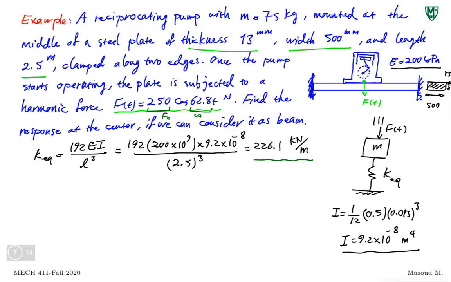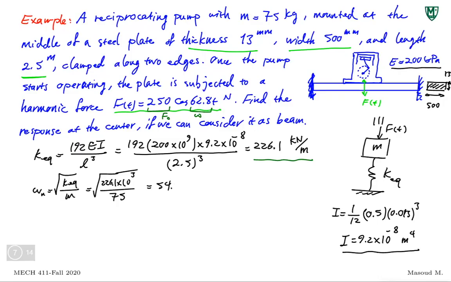So omega n would be the square root of equivalent stiffness over m. That'll give you 226.1 times 10 to the 3, because it's kilonewton per meter, and the weight of the pump is given as 75 kilograms.